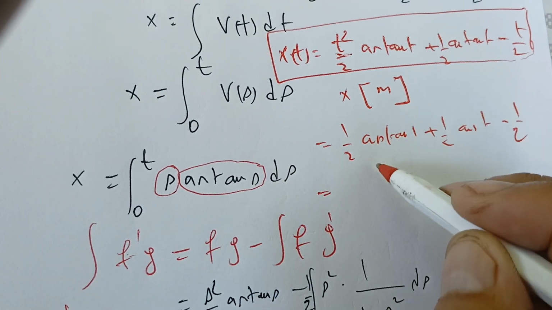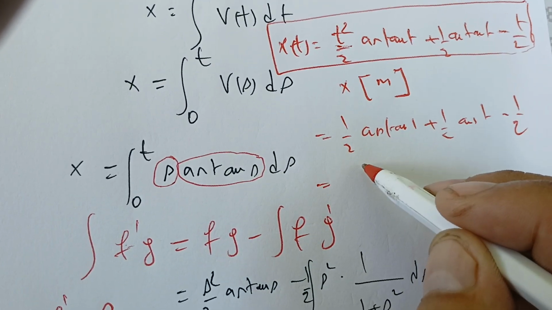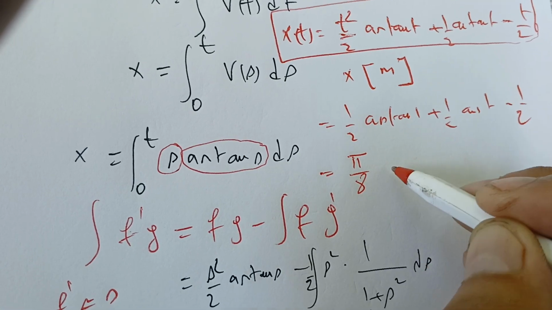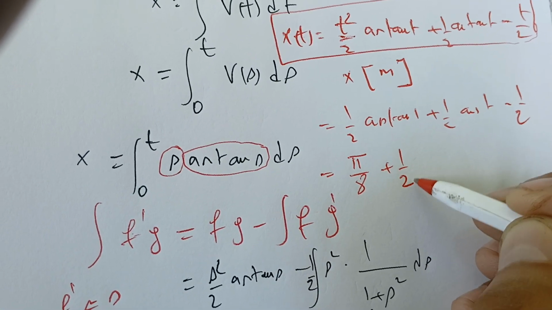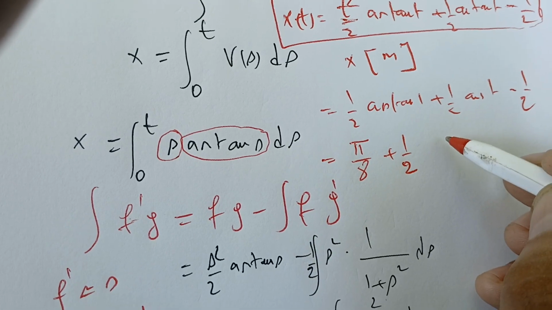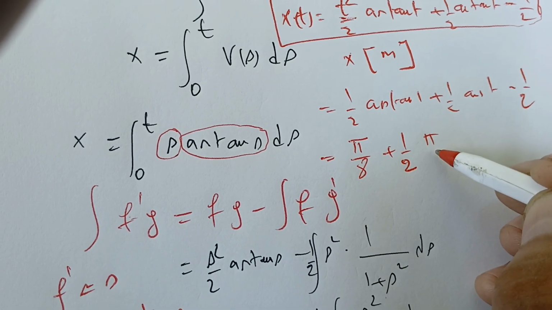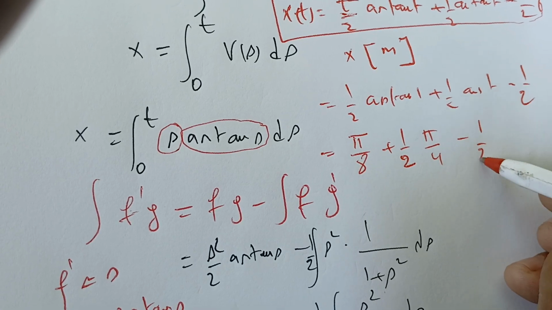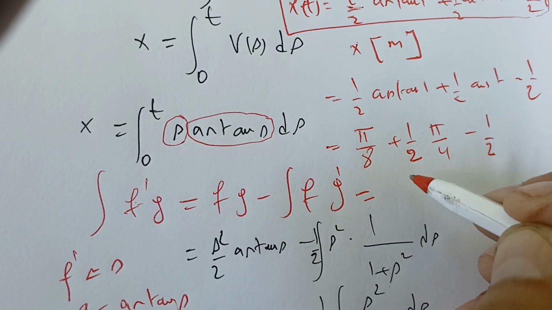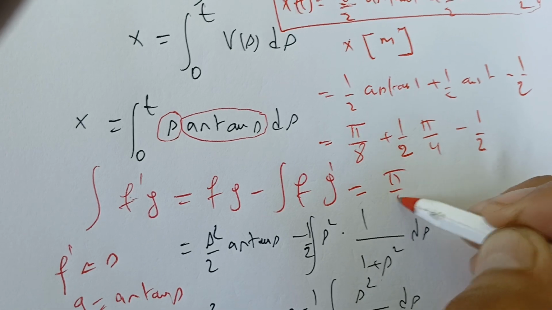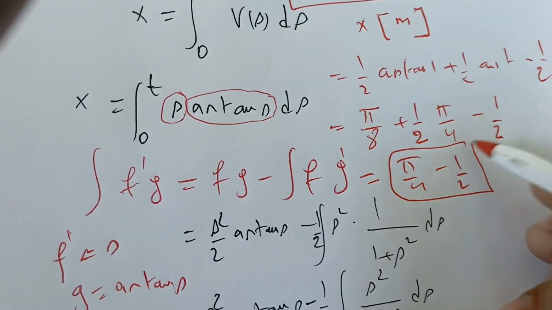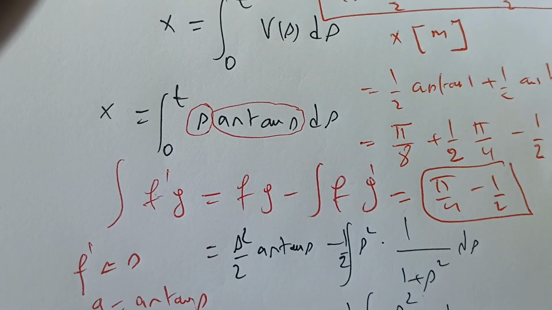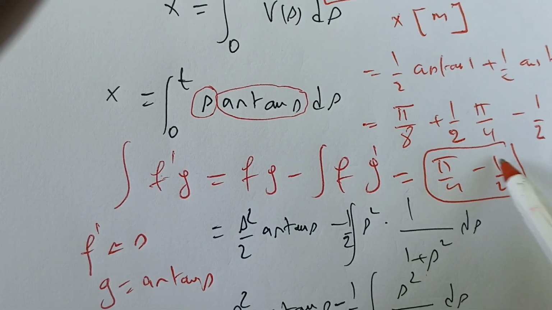So I get pi over 8 plus 1/2 times pi over 4 and minus 1/2. This might seem like pi over 4 minus 1/2. So this is my distance.